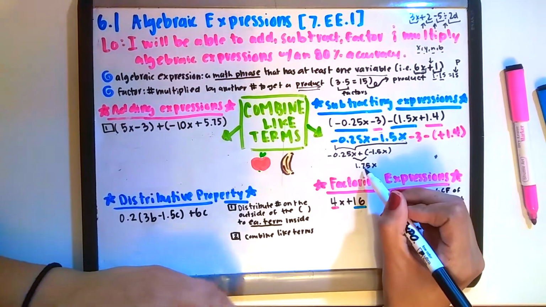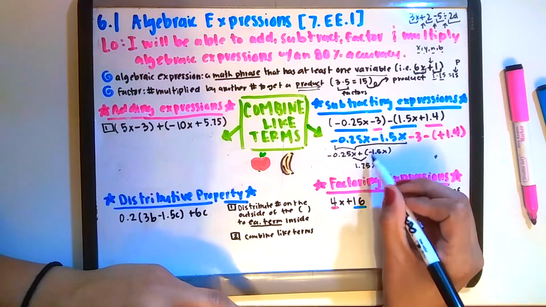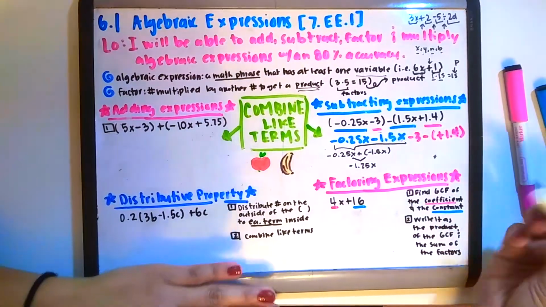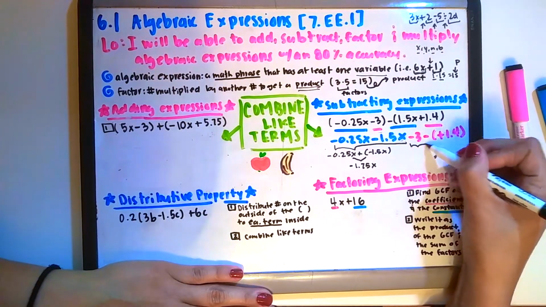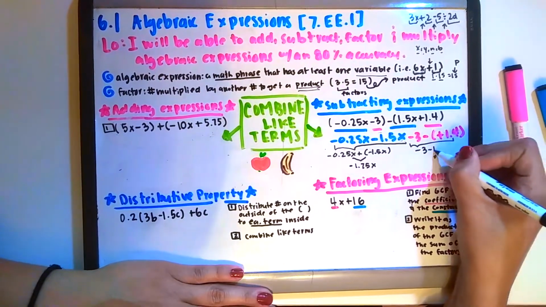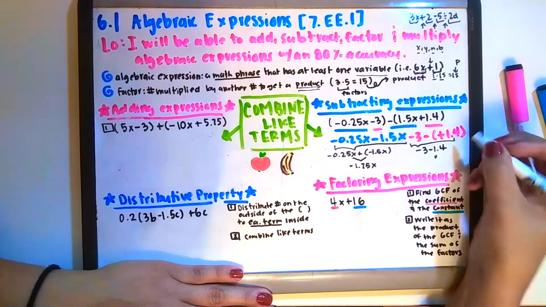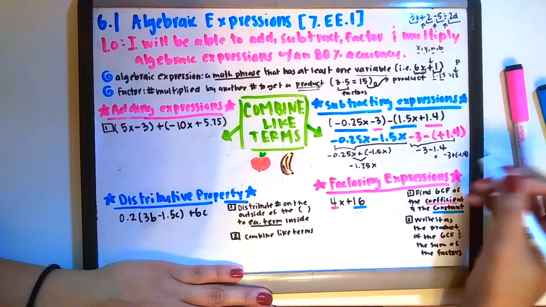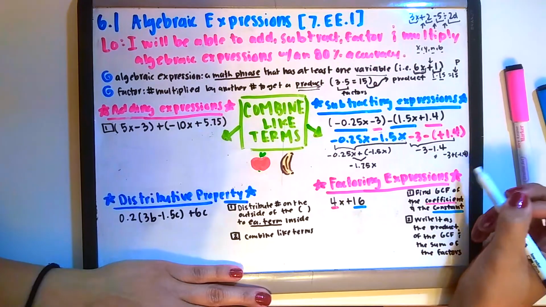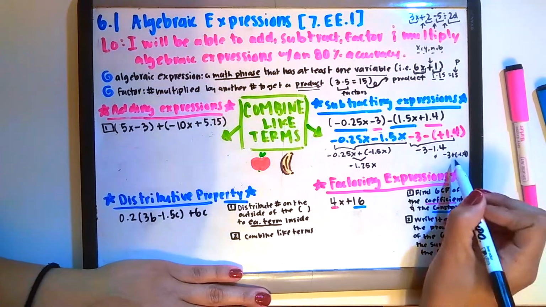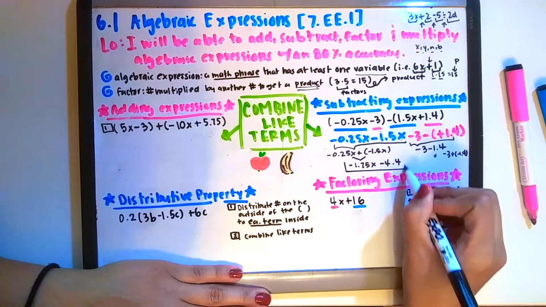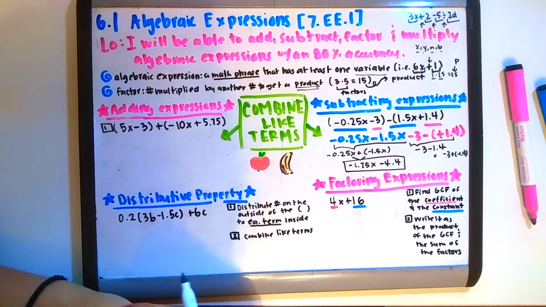And they're both negatives, remember? So we're going to keep using the common sign. And then right here, I have negative 3 minus 1.4. Again, same idea here. I can rewrite as negative 3 plus a negative 1.4. So it's going to be same sign, so I add absolute values. So that's 4.4, and I keep the common sign, so that will be my answer for that one right there.